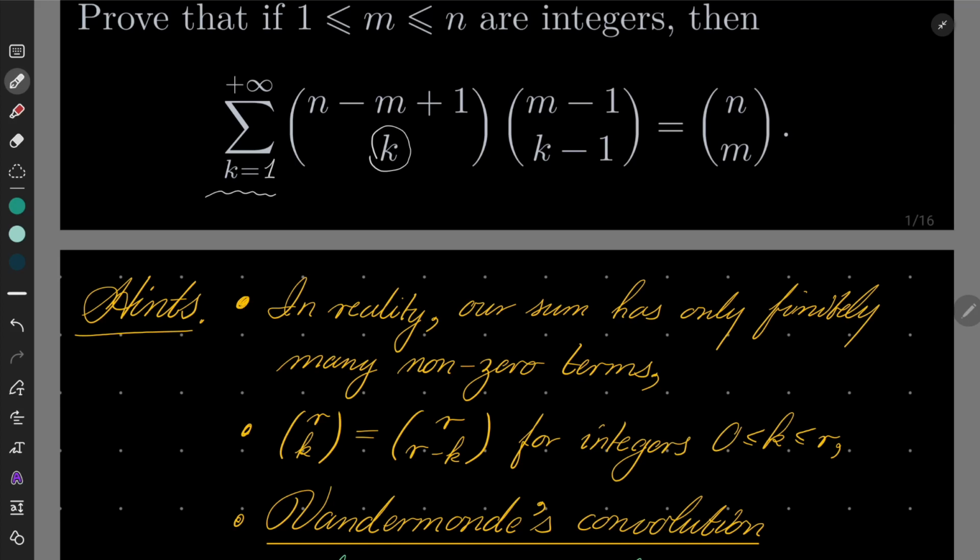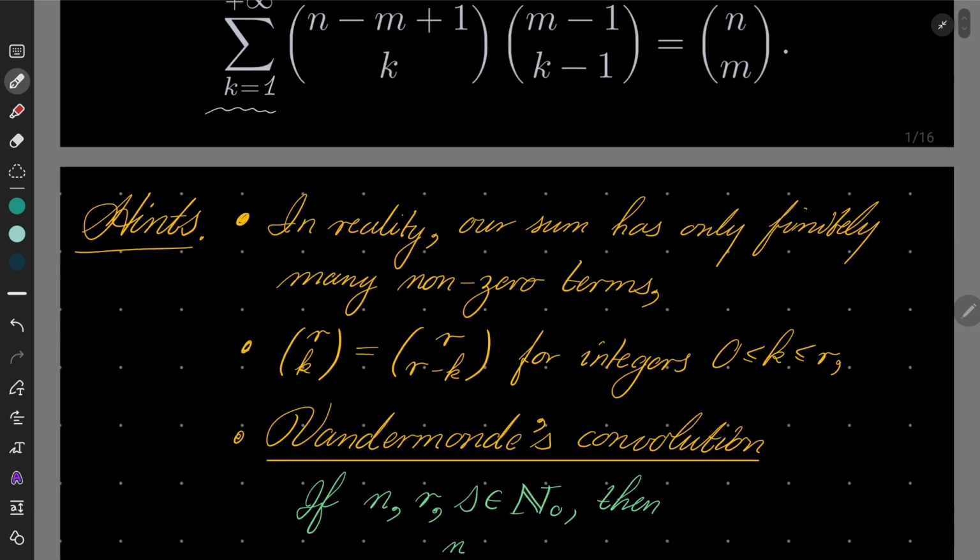If k is greater than the upper index, there are 0 ways to do it, so our binomial coefficient goes to 0. Moreover, r choose k equals r choose r minus k for integers k and r satisfying 0 ≤ k ≤ r.